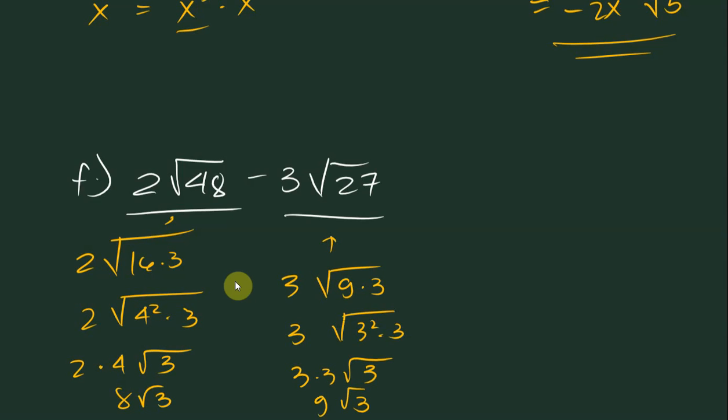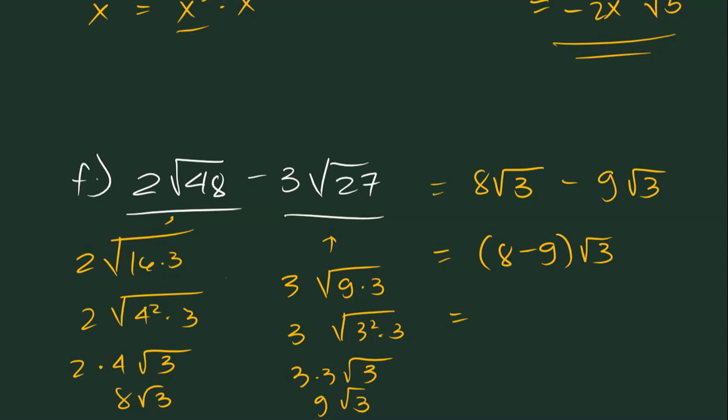So we can then rewrite this as 8 square root of 3 minus 9 square root of 3. So apply the distributive property. So we can then say 8 minus 9 square root of 3. So this will be equal to negative square root of 3. It's pretty cool.